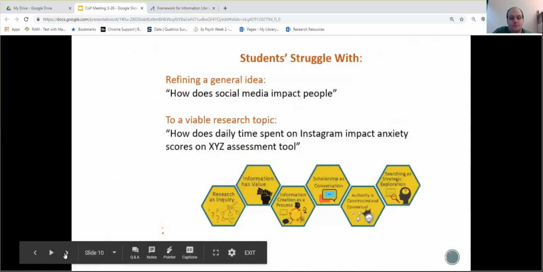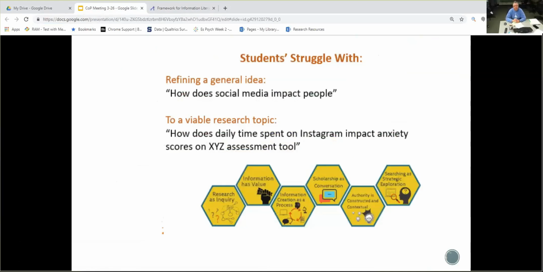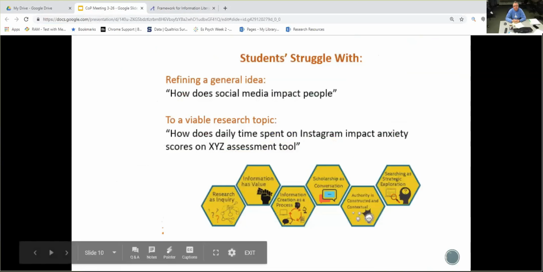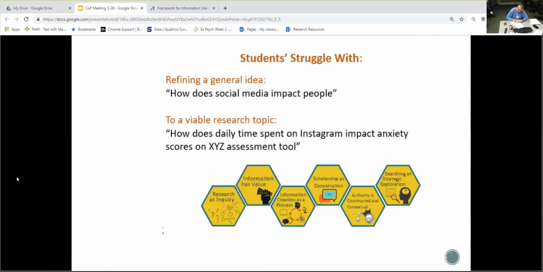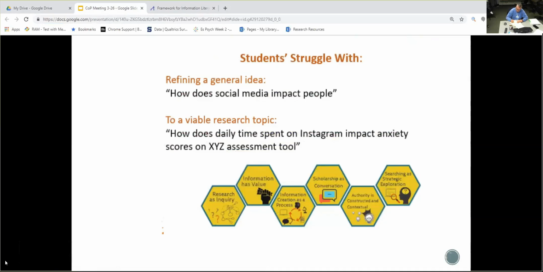So I did one for me, and Dustin speaks the other one. For me, students struggled in part with what you were talking about. They also struggled with refining a general idea. This is an example of one of my students. I let them pick their topics, but one of them was, how does social media impact people?